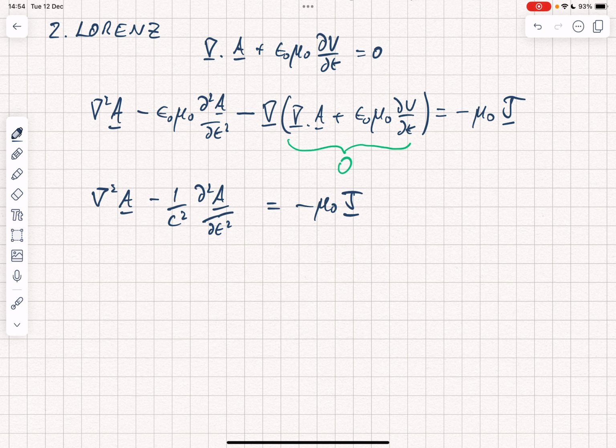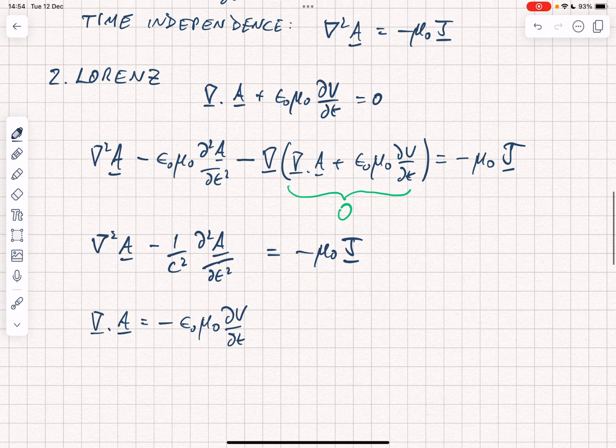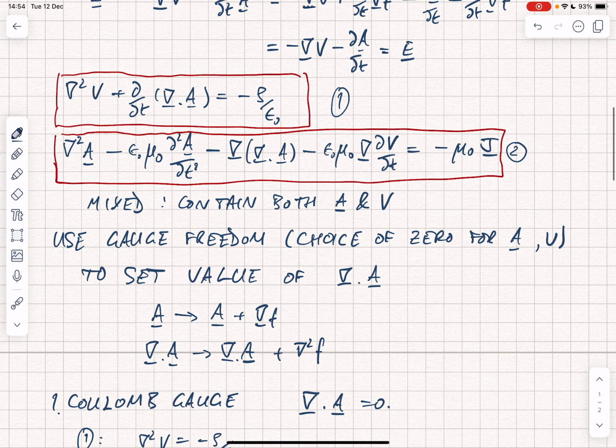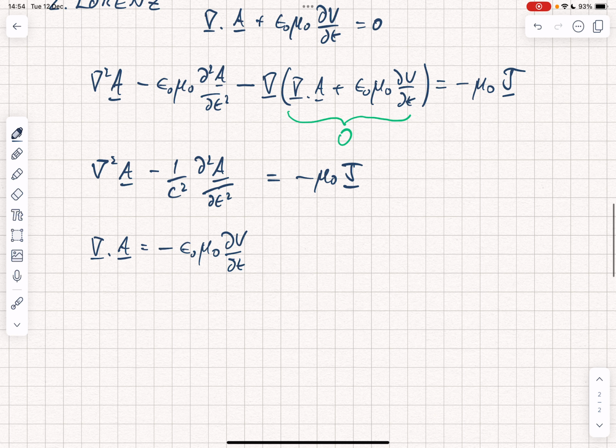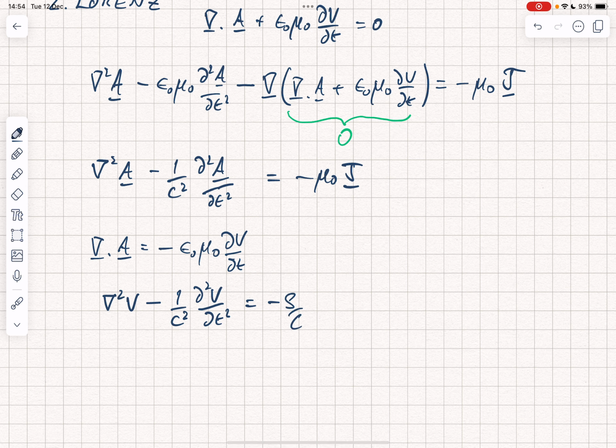If we use the Lorenz gauge to write that the divergence of A is equal to minus epsilon naught mu naught dV by dt, then we can rewrite equation 1 for V. And what we find immediately is that del squared V minus 1 over c squared d2V by dt squared is equal to minus rho over epsilon naught. In both cases, we've used the fact that epsilon naught mu naught is 1 over c squared.